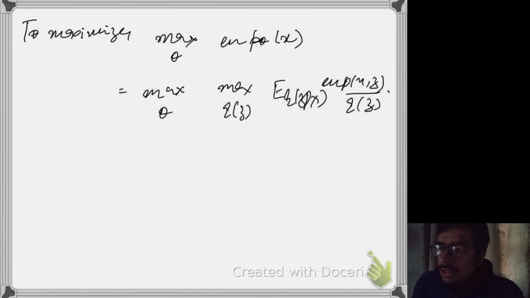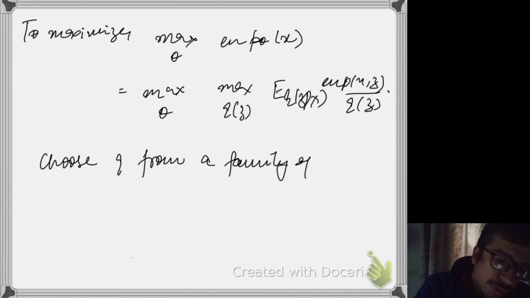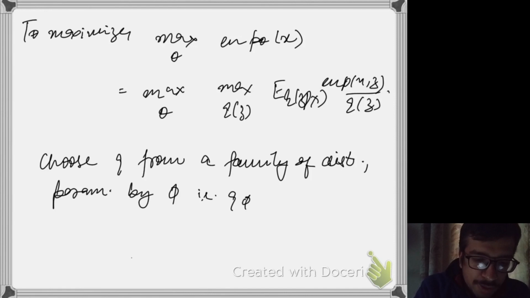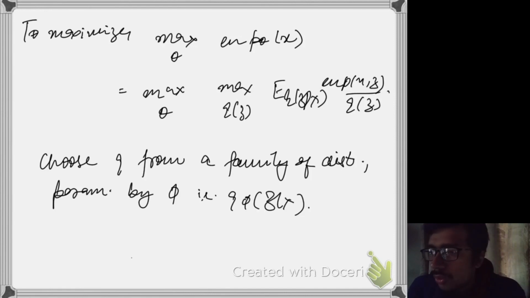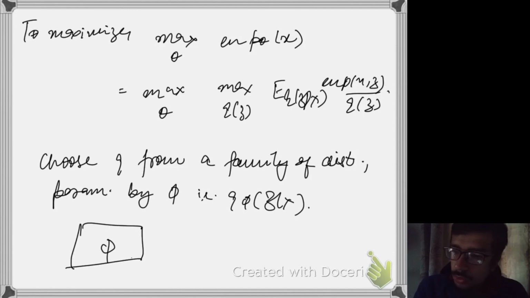Thus, in order to maximize with respect to q, we can choose q from all possible distributions, but since parameterizing all possible distributions is hard, what we do is choose q from a family of distributions which is parameterized by phi. That is, we choose the distributions from this q phi of z given x. This family of distributions comes from our neural network, which is the encoder.